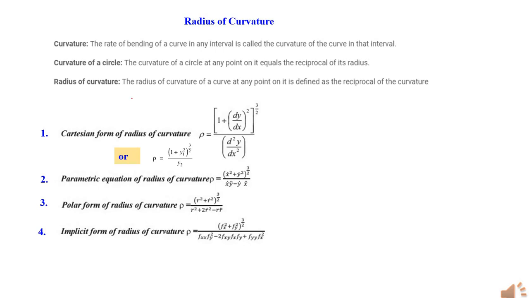Jacobians we have already finished, and in radius of curvature 2, with regard to the Cartesian form, whether it is given as y is equal to f of x, or the implicit form f of x y equal to 0, or in the parametric form x is equal to f of t, y is equal to some g of t, we had already dealt with all this, given by the formulas written here.